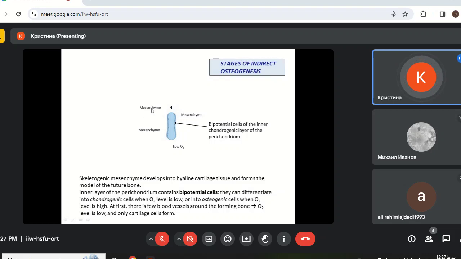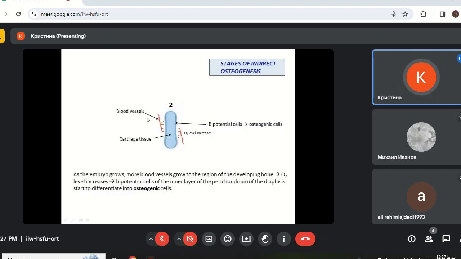Now, during our first stage of development, we have a low level of oxygen in this area because we can see no blood vessels here. And this is why our bipotential cells give rise to more and more chondrocytes, which make this future bone grow, become larger and larger. Now it consists only of cartilage, covered with perichondrium.